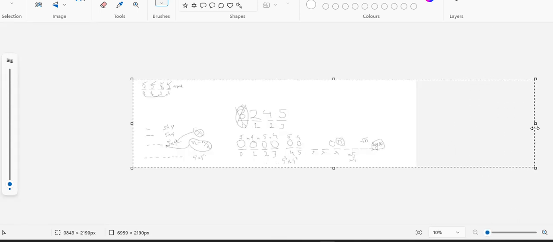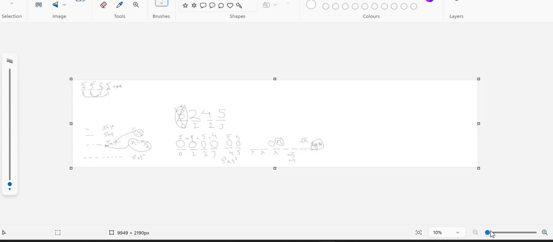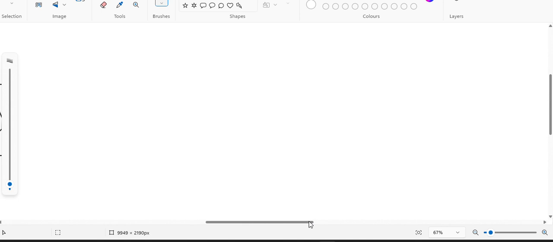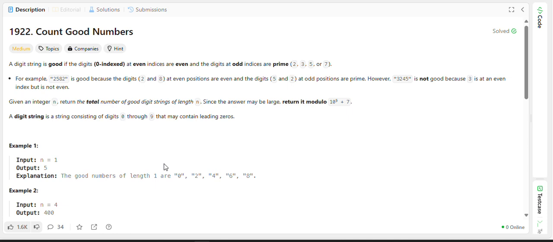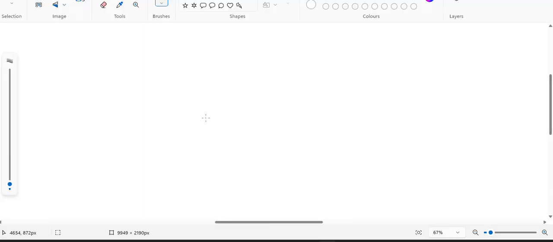The modulo part comes in right now. You have got a very good formula, that is 5 to the power n minus n by 2 and 4 to the power n by 2. But you need to do the modulo, right?